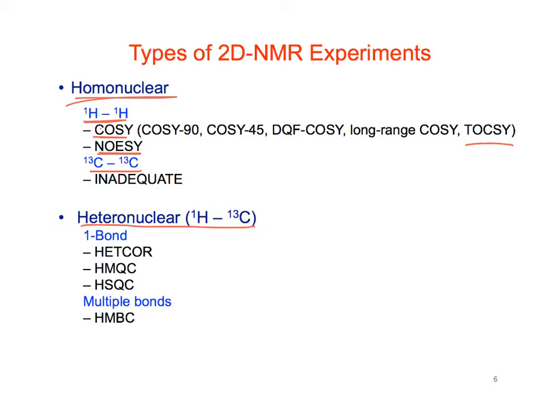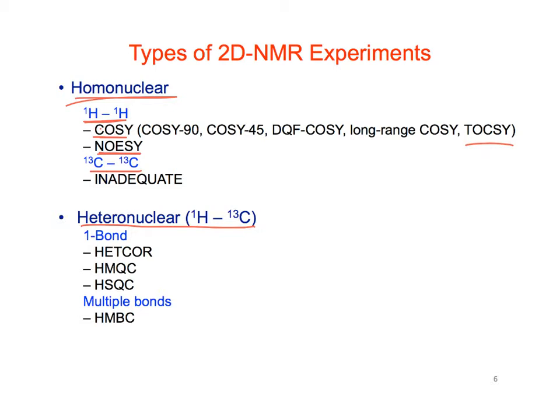Within these experiments there are two different variations, and because we have two different nuclei, they differ based upon which nucleus we're going to detect. So we can either detect on the proton or detect on the C13.